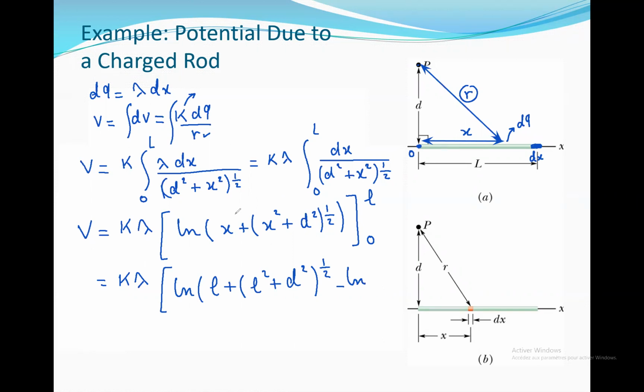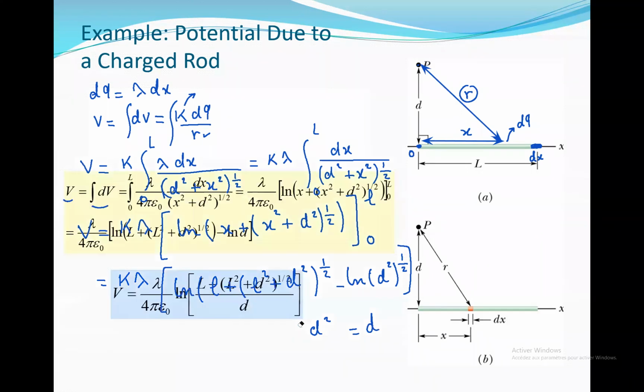If we have 0 here, we finally have d square to the power half. d square to the power half means square root of d square, which equals d. So we can write here d.